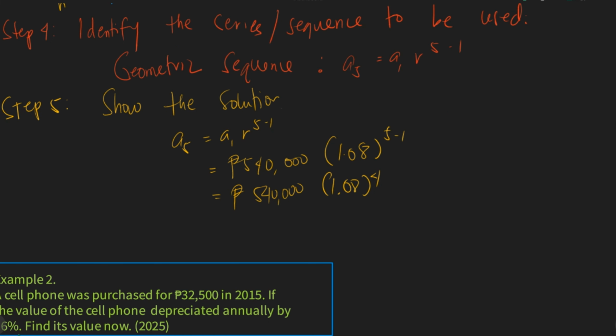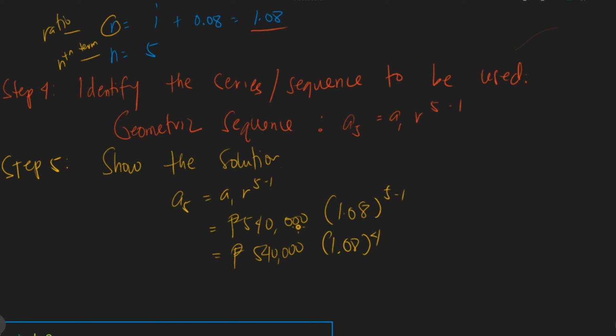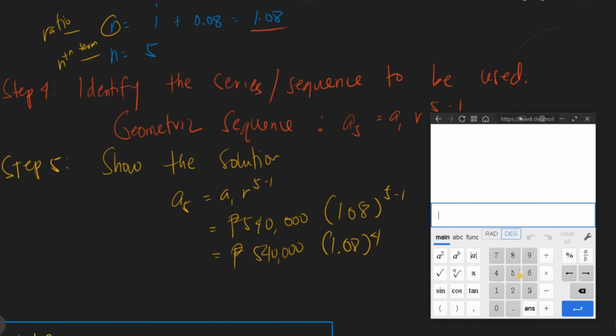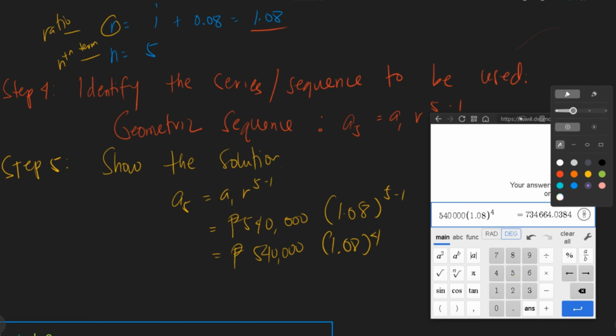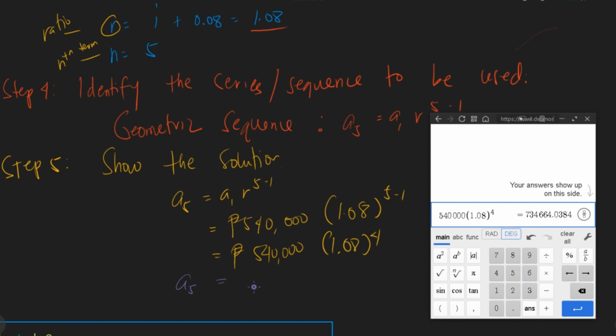We need a calculator. 540,000 times 1.08 raised to the power of 4 is 734,664.